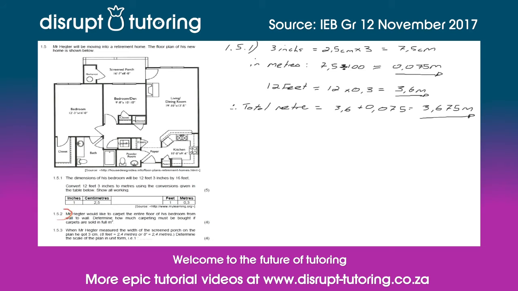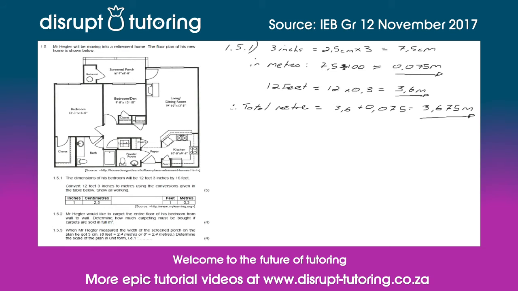So on to 1.5.2. Mr. Hedger would like to carpet the entire floor of his bedroom from wall to wall. Determine how much carpeting must be bought if the carpets are sold in full meter squares. So we need to do another conversion here.